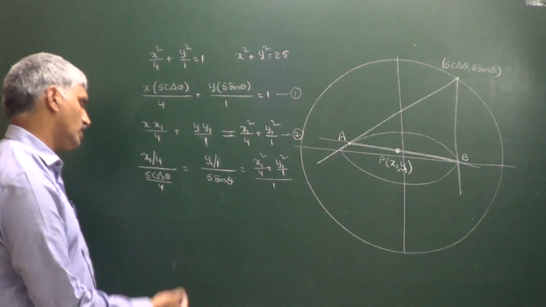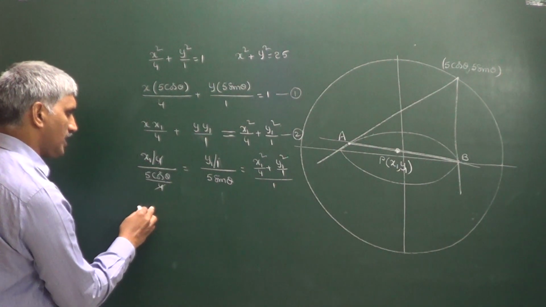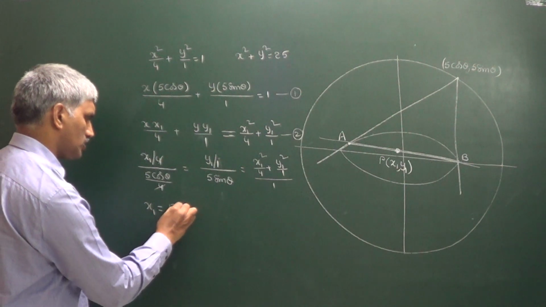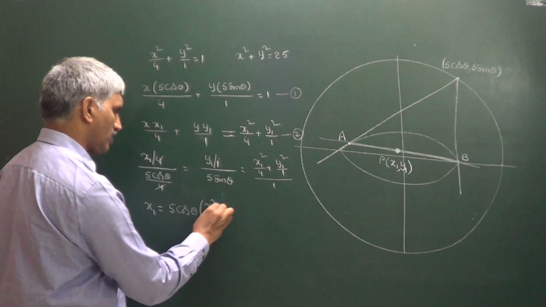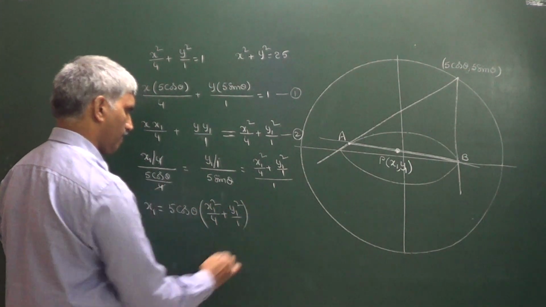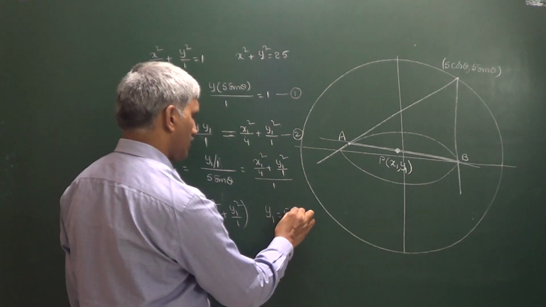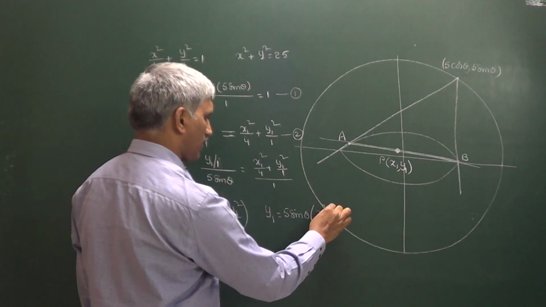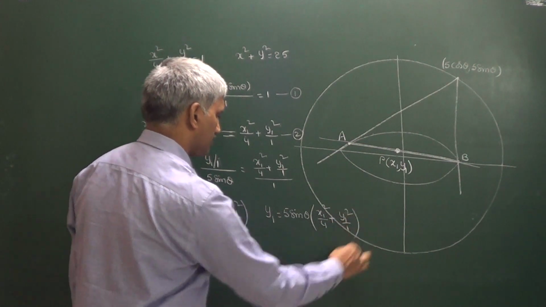Now from this we have to eliminate theta. The 4 cancels. We get x1 equals 5 cos theta into x1 square by 4 plus y1 square by 1. Next, y1 equals 5 sin theta into x1 square by 4 plus y1 square by 1.